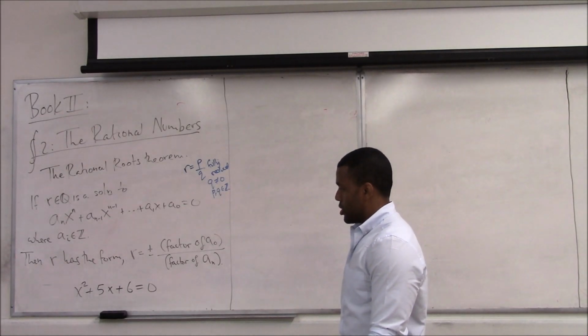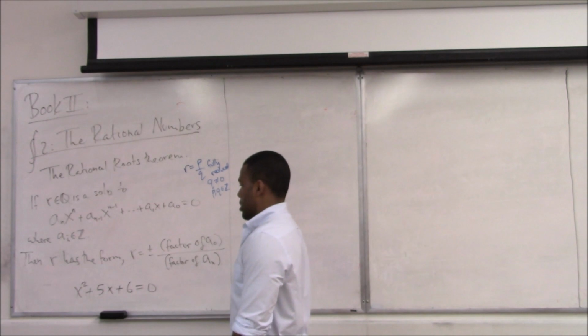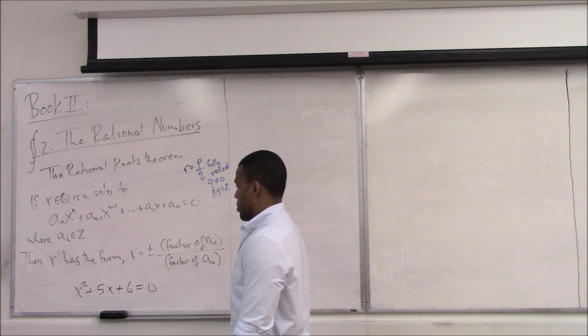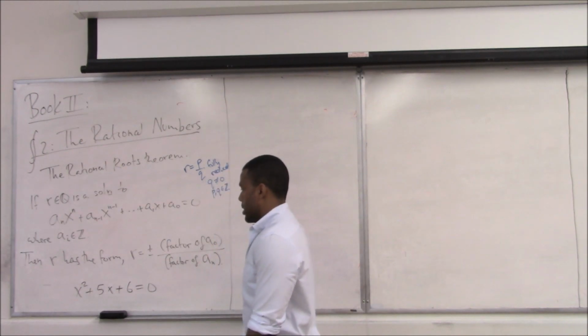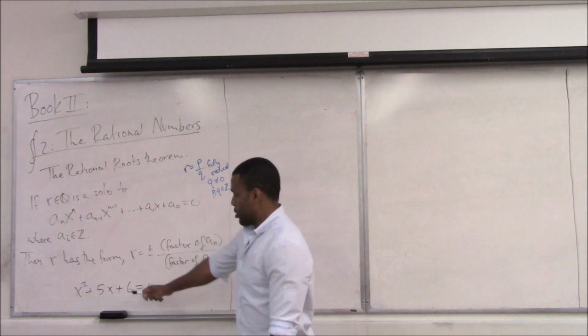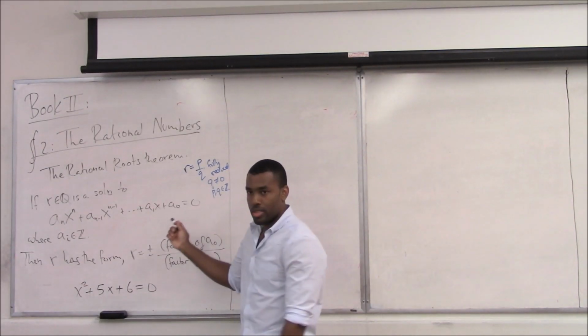What are the roots here? 3 and 2. Well, minus 3 and minus 2, right? Now, you notice that those both divide into 6. That wasn't a coincidence.